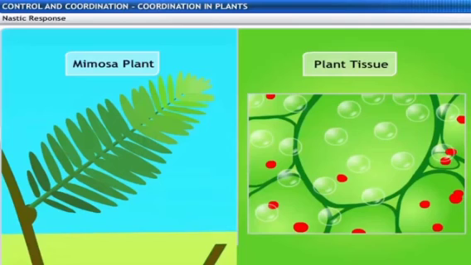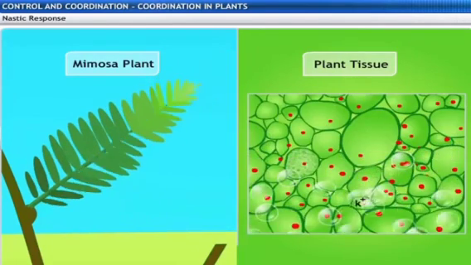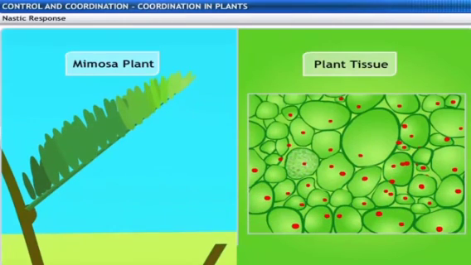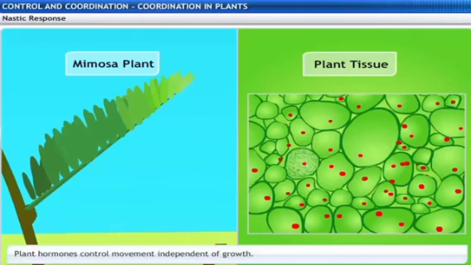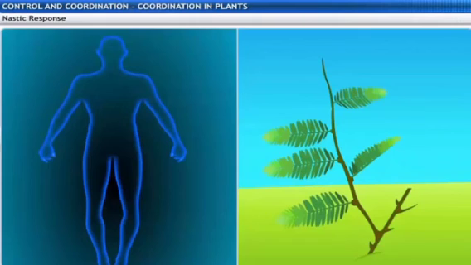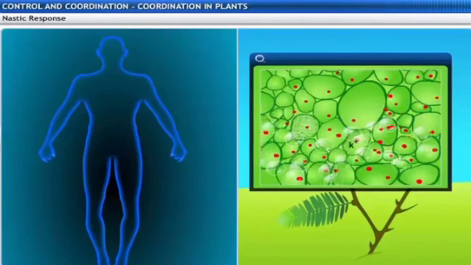Here is an example of the mimosa plant where chemicals and movement of water in plant cells control the movement of leaves. This movement is independent of growth. Again, like animals, plant cells must change shape in order for movement to happen.